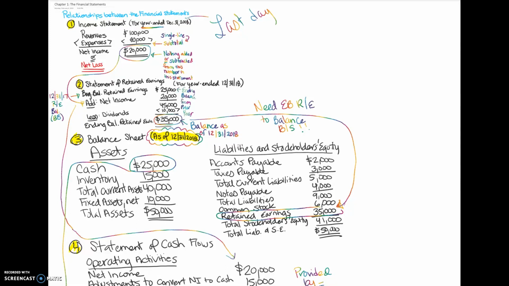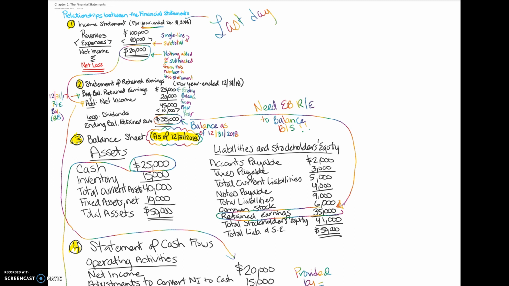And down below, after the 20,000, you see that this is a double underline. So that means that we're not going to be adding or subtracting anything further from that number within this particular financial statement.